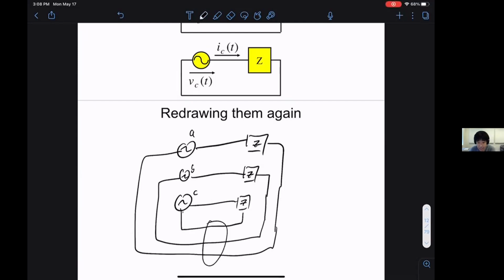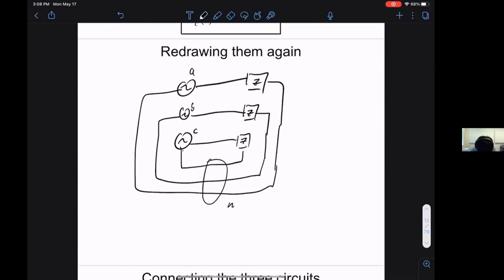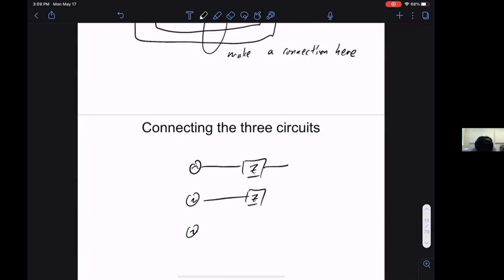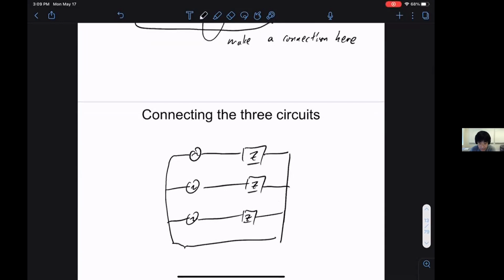And then recognizing this, let's make a connection here, meaning that we'll merge the wires together and connect the phases to each other. So what we get is, each phase has a load, but then the lines are all merged together into one return path.